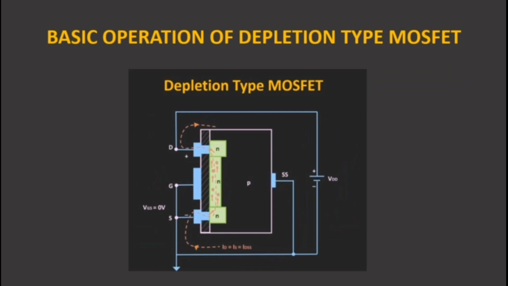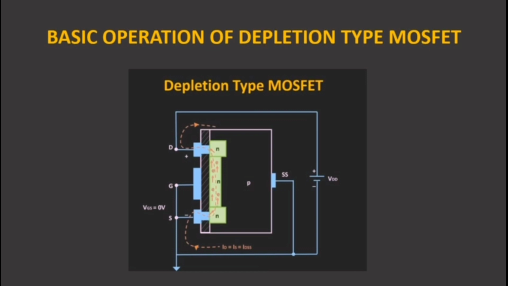Now let's see the working of this depletion type of MOSFET. Initially, let us assume that the gate and source terminals are connected together and to the ground terminal. That means VGS is equal to 0 volts, and a positive voltage is applied between the drain and source terminals.